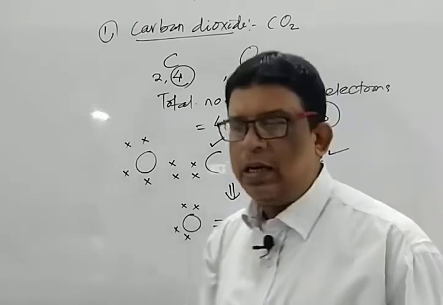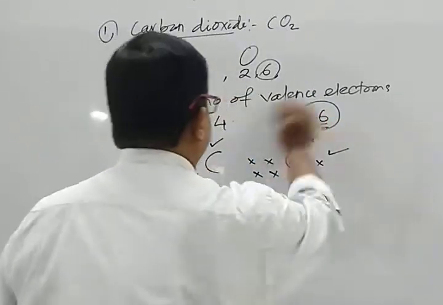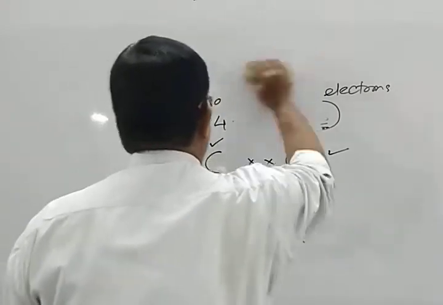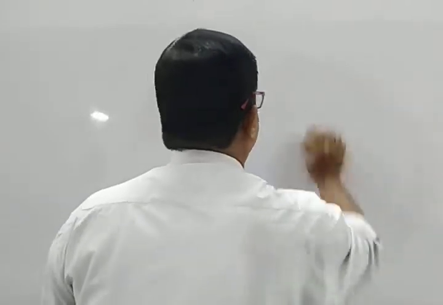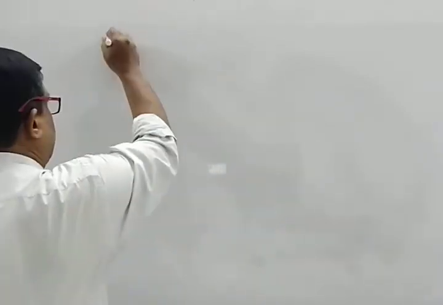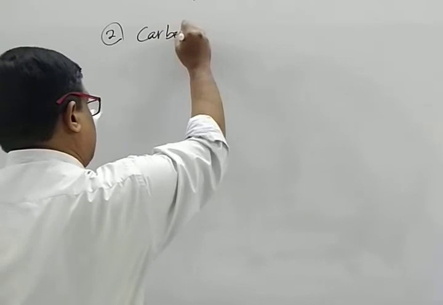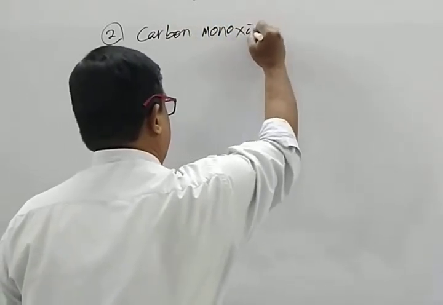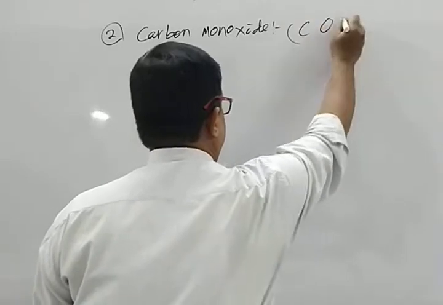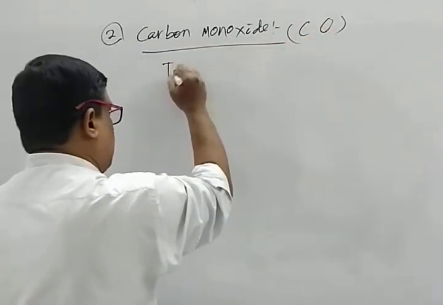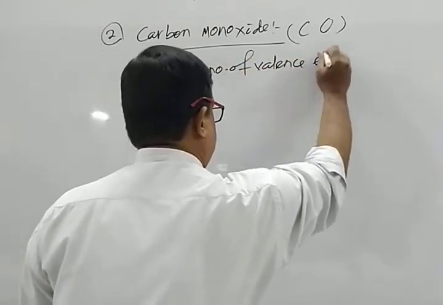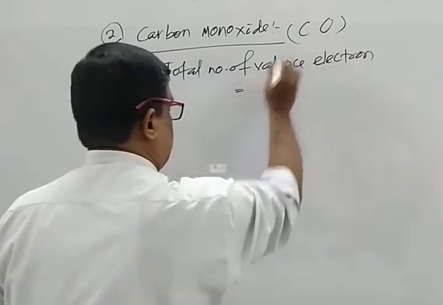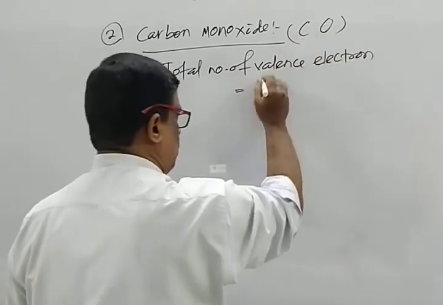Next, switch over to another one, that is carbon monoxide, CO. Similarly, total number of valence electrons: carbon, atomic number 6, is 2, 4, that is 4.